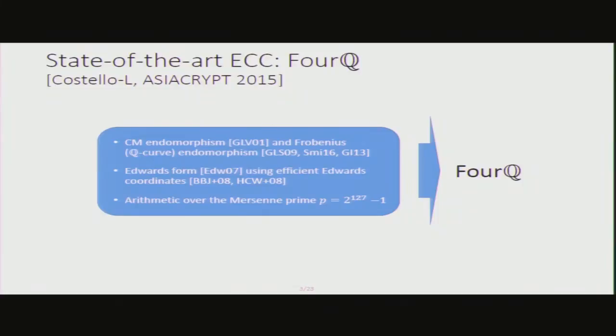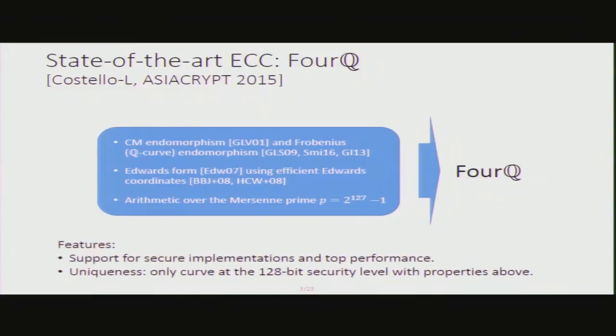We also combine the use of the Edwards form with the efficient Edwards coordinates, and finally the very compact Mersenne prime 2 to the 127 minus 1. Now, after implementing and assessing the security and performance of the curve, we observed that this curve really supported side channel secure implementations as we wanted, and also achieved top performance, another very important requirement.